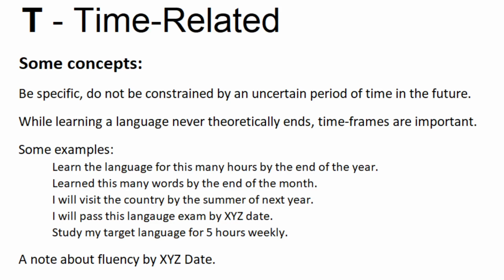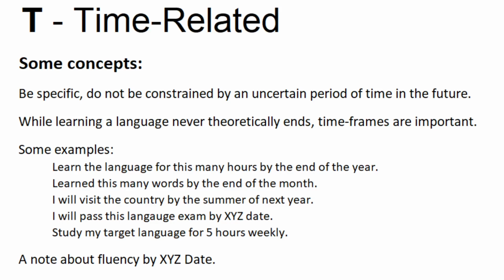And I think that it's important to note that you could run into this problem if you set a goal of wanting to reach fluency by a certain date. I don't think that it's necessarily a bad thing to set targets like fluency. I think it could be very motivating and it could be helpful overall, but it's just important to note that it's going to be a little bit of an art, right?